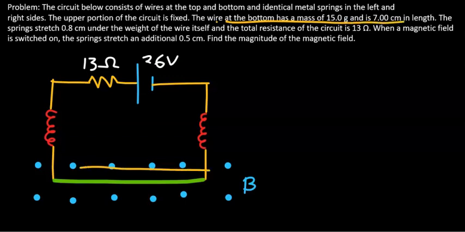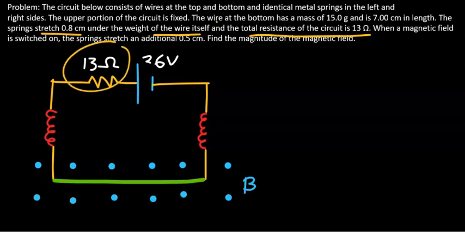So that is the wire shown in green. The spring stretches 0.8 centimeters under the weight of the wire itself, and the total resistance of the circuit is 13 ohm. When a magnetic field is switched on, the springs stretch an additional 0.5 cm. Find the magnitude of the magnetic field.